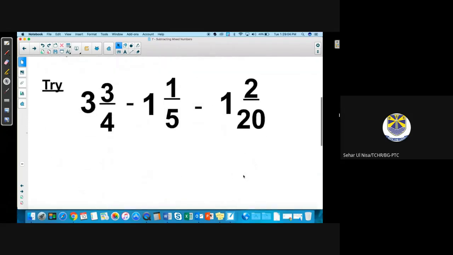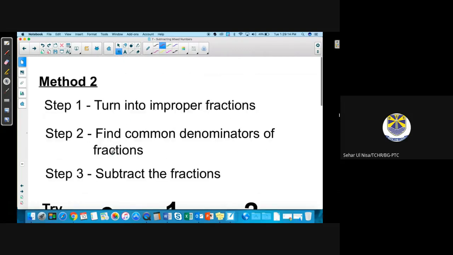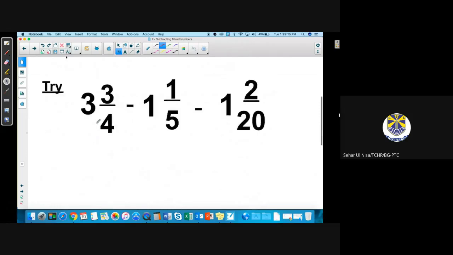Same example as what we had in a few previous examples. Remember that 20 was our lowest common denominator. But step one in this example tells us to turn them into improper fractions. So again, we multiply the whole number by the denominator and add the numerator. So 3 times 4 is 12, and 12 plus 3 is 15. So we have 15 fourths.